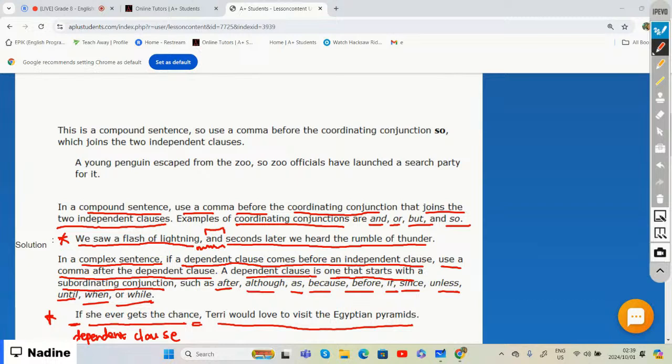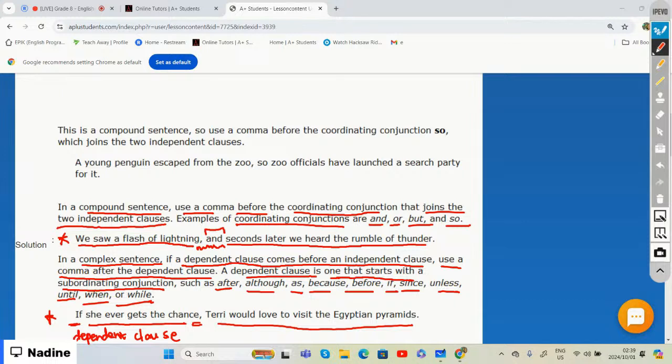And before we go to a test, in a compound sentence, we use a comma before the coordinating conjunction that joins the two independent clauses. And remember, a compound sentence is two independent clauses joined by a conjunction. And before you write the conjunction, you're going to add a comma. Then we have a complex sentence, and a complex sentence is made up of a dependent clause as well as an independent clause.